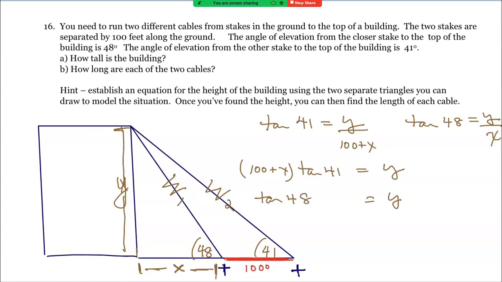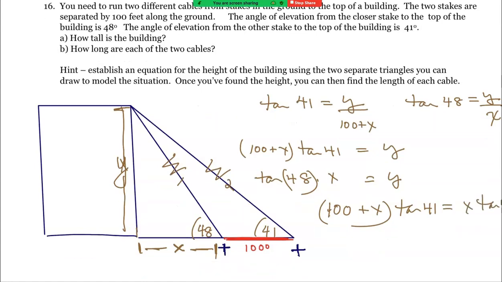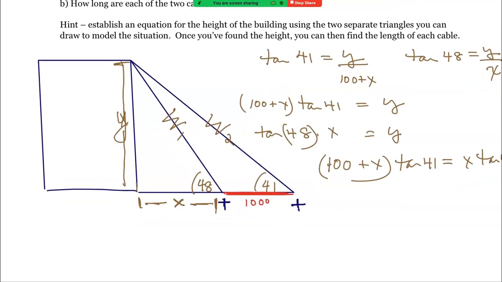Tan 48 times x equals y. Since they both equal y, let's just set them equal to each other. Okay, easy enough. Not the way we usually solve things, because we usually get numbers quicker, but that's okay.